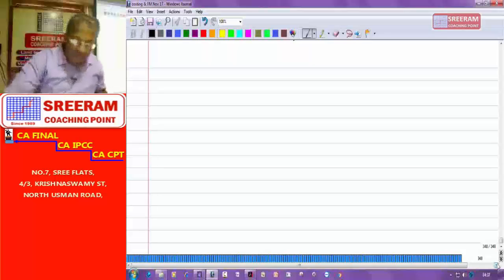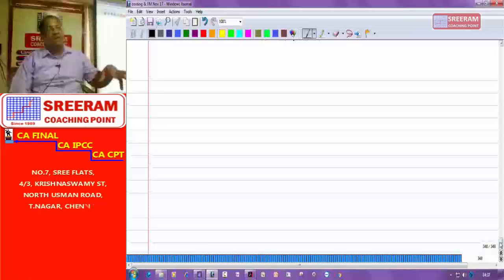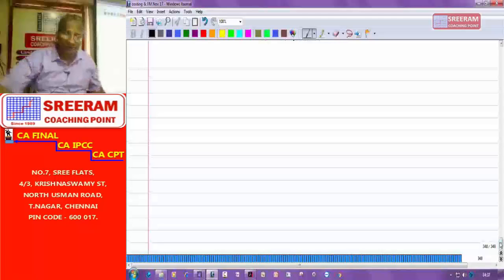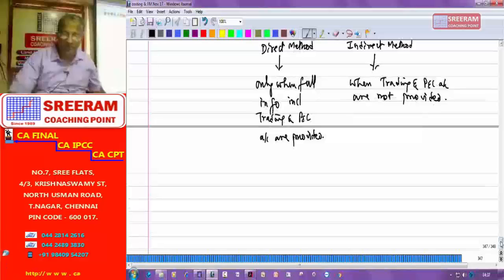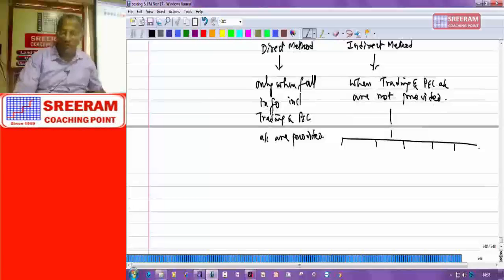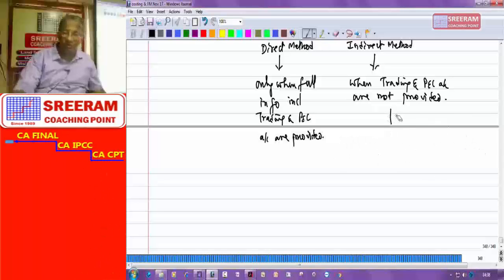Okay. So how is it we will be doing? We will not do adjusted P&L account, cash from operation and cash flow statement. We will do this into 6 parts. What are the 6 parts that we will be dividing? One is cash flow from operating activity. This is common for both.